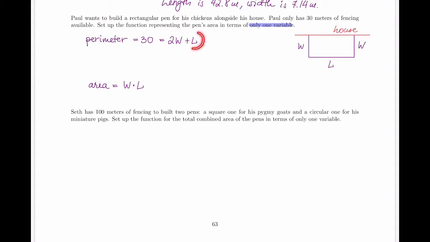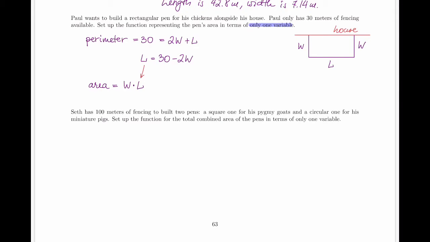I'm going to choose to solve for L because it doesn't have any coefficients in front of it. So from here, I have that L is equal to 30 minus 2W, and this is the formula that I'm going to replace the value for L with in my area representation. Okay, so I'm going to plug that in, and what am I going to get?